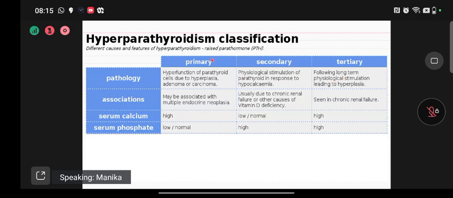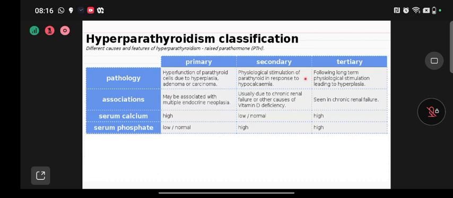The primary form may be associated with familial syndromes, that is MEN syndromes, MEN 1 and MEN 2A. Secondary hyperparathyroidism is usually due to chronic renal failure or other causes of vitamin D deficiency. And tertiary hyperparathyroidism is seen in chronic renal failure.